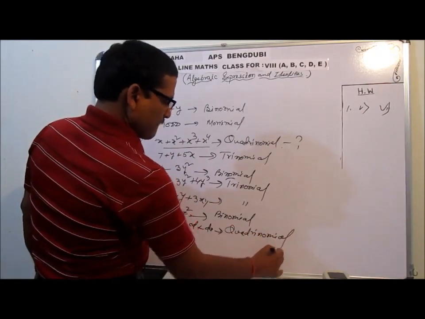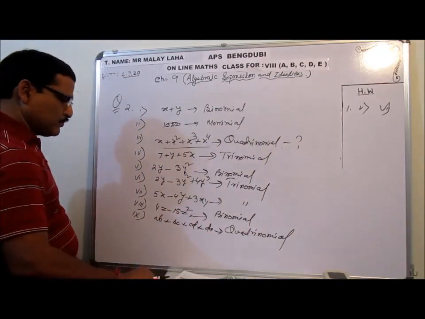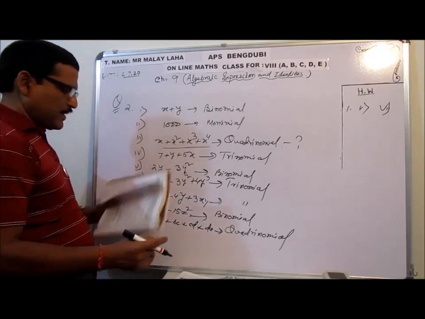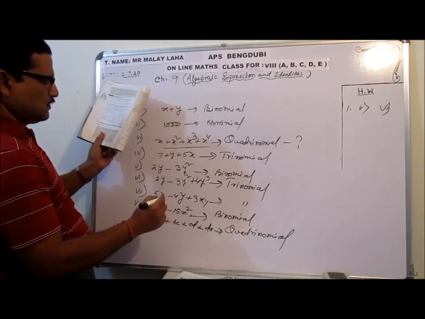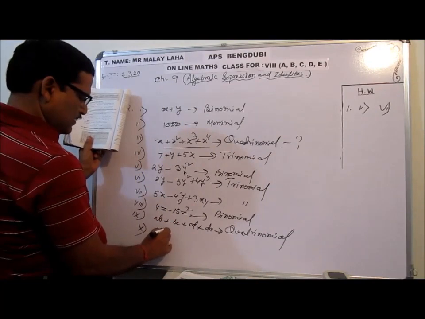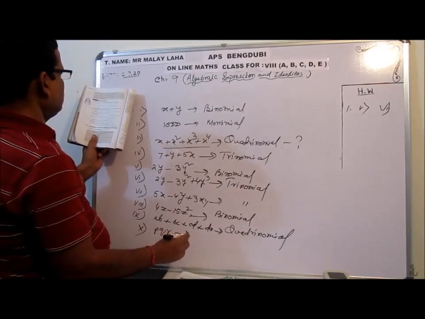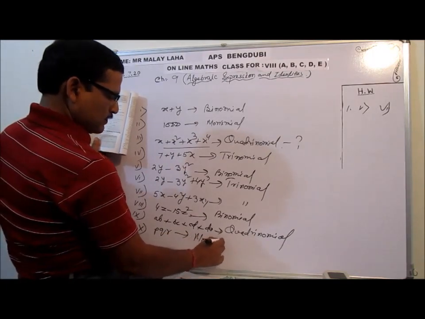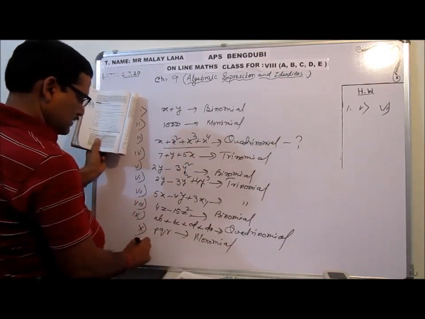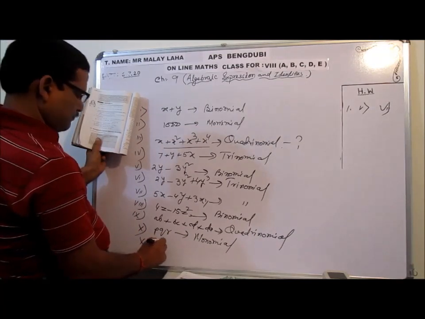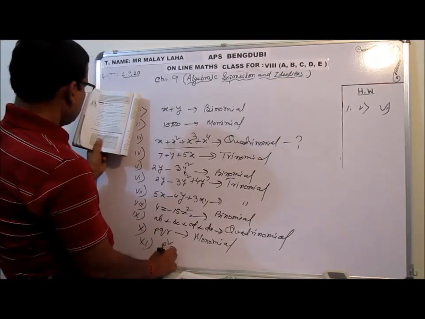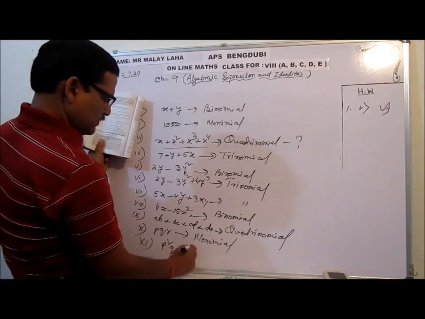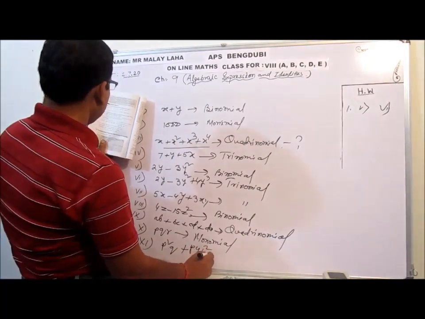So in algebra we have to solve on the board only. We cannot solve it through PowerPoint. Okay? And now PQR. Only one term, so it is a monomial. Then 11, P square Q plus PQ square.